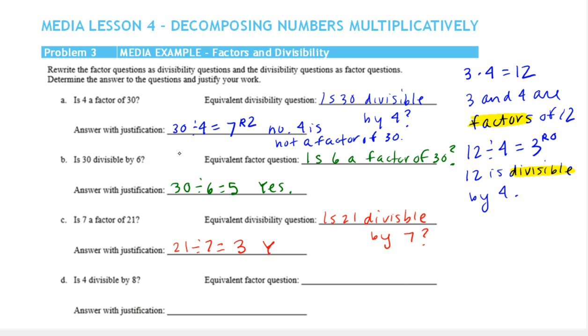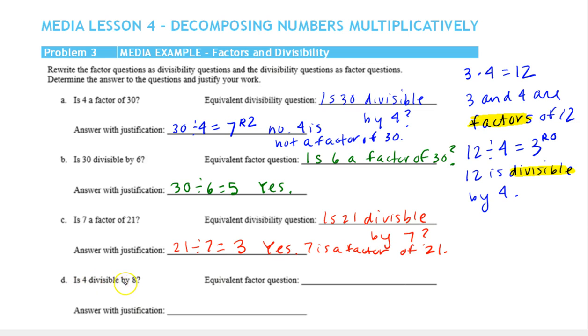So our answer is yes, and I'm going to write 7 is a factor of 21. Okay, so notice again, we were asked a factor question, but we actually used division or the equivalent divisibility question to determine that there was no remainder and therefore it's a factor. Let's look at the last one.